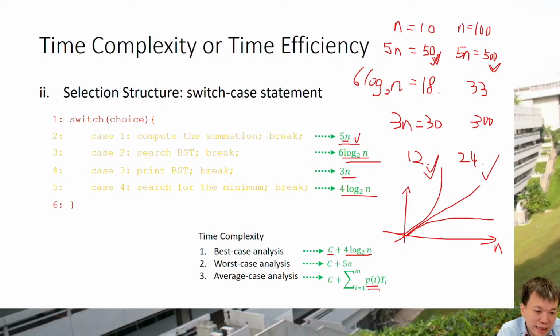Sometimes you can make the assumption that they have an equal chance. Then with 4 cases, the probability in each case is 0.25, and you can do the summation. But sometimes it may not be true, it may not be equal. That depends on the question itself.